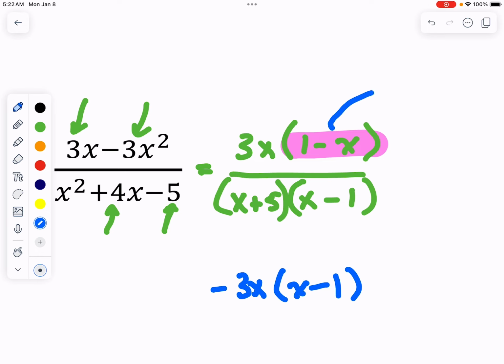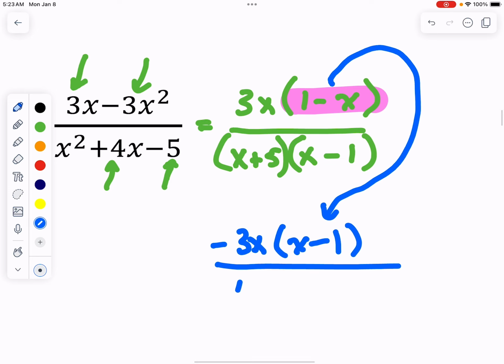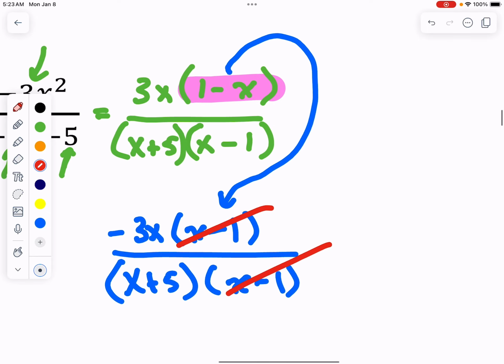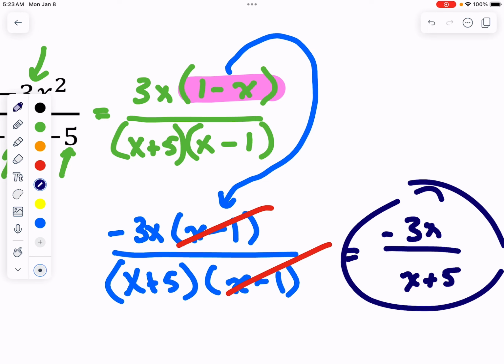So I'm taking this 1 minus x, changing it to x minus 1 if I pull out a negative. The bottom remains the same. Now I have a common factor, Math Ninja, and there's your result. It's tempting to want to cross off the x's, but they're not common factors, so don't do it.